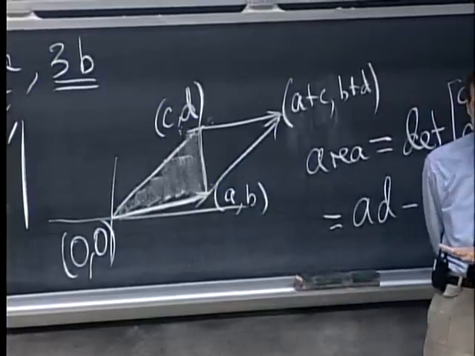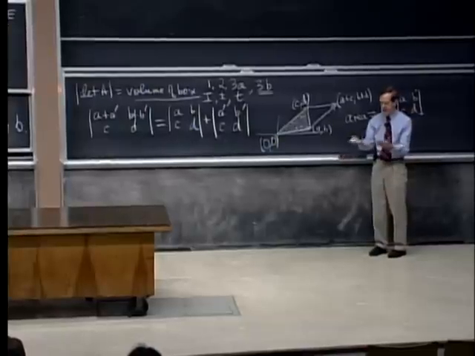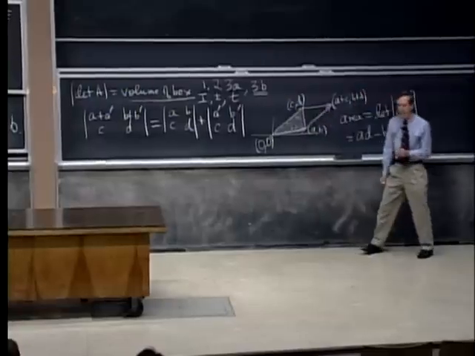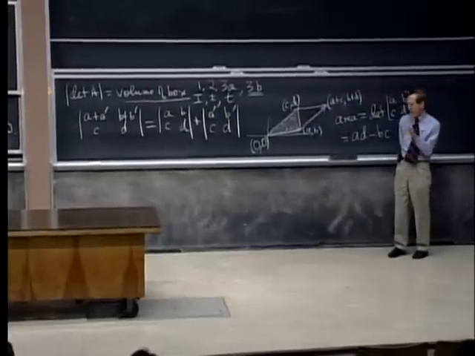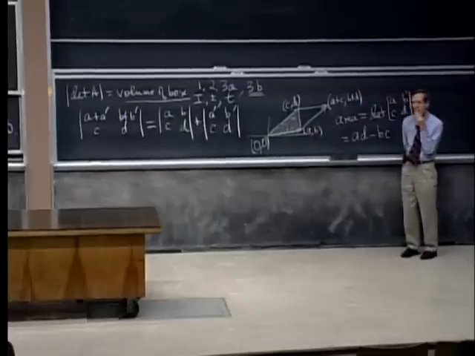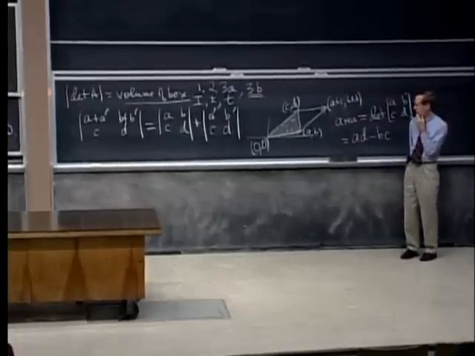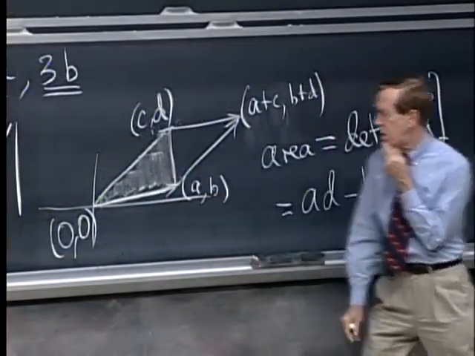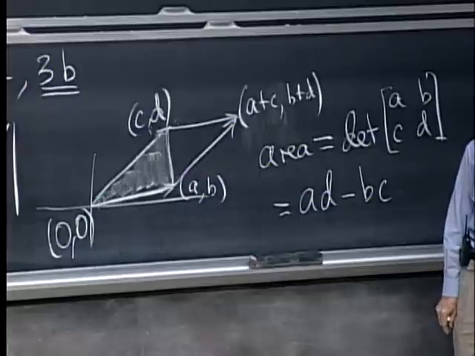And in some cases, if you know the base and the height, that's fine. But here, what we know is the coordinates of the corners. We know the vertices. If I know A, B, C, D, and 0, 0, what's the area?